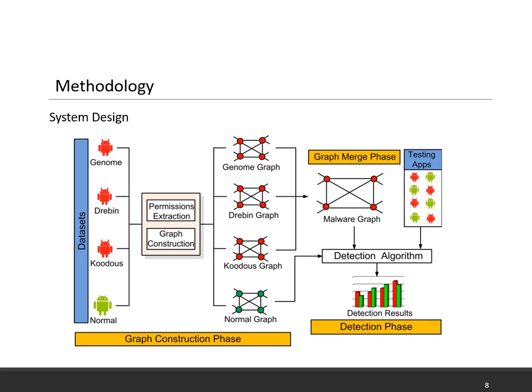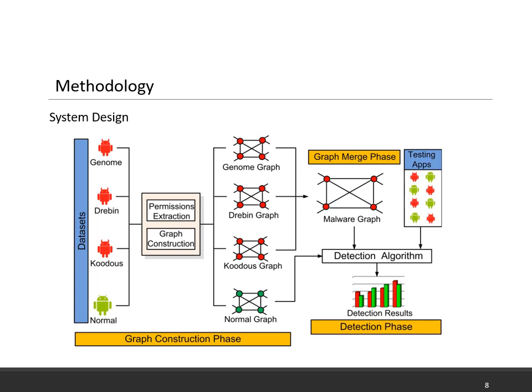So we have Genome, Drebin, and Kudus as the malware datasets, and for normal software we have the data from Google Play.